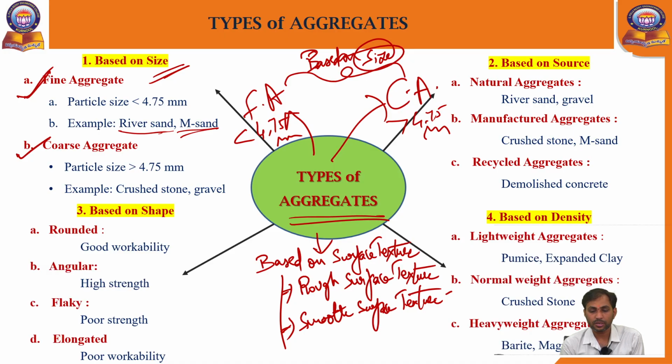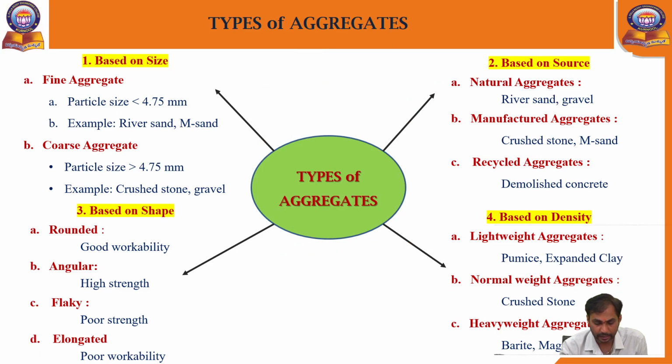Done. So that is one type of aggregate based on the classification of size. The second is the type of aggregate based on the classification of sources. Sources means availability criteria. Where are the aggregates available? In rivers. Next, seas or oceans, where sand will also be available.